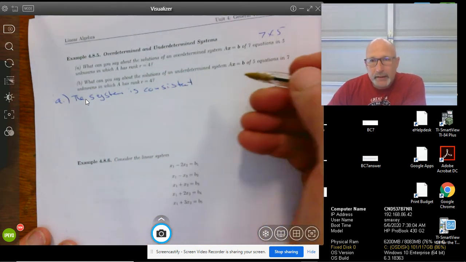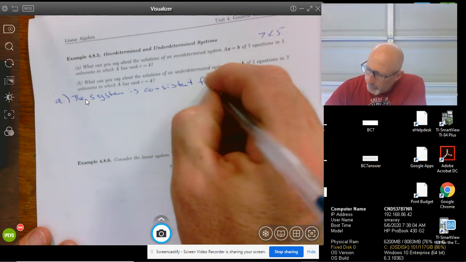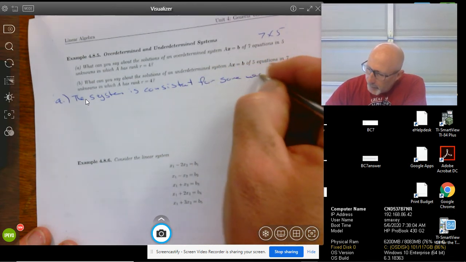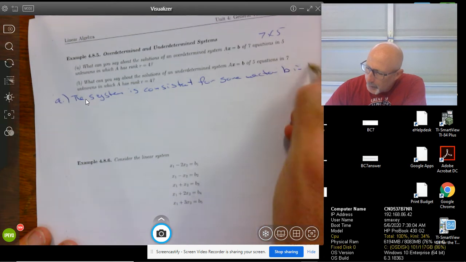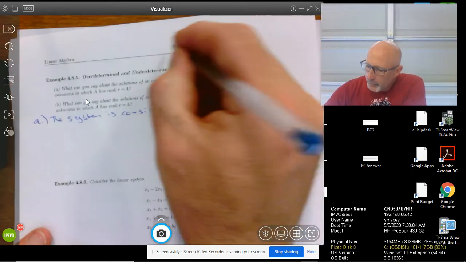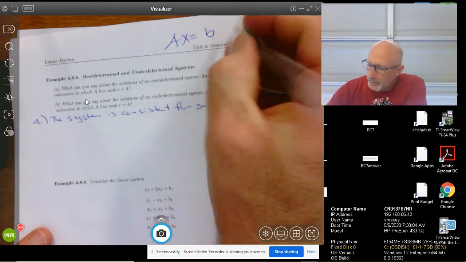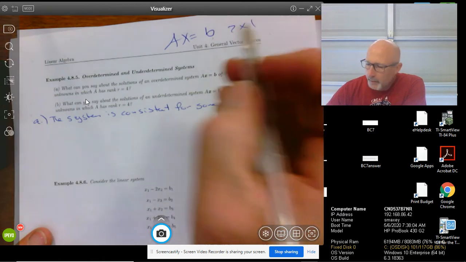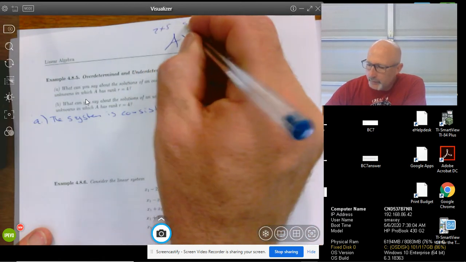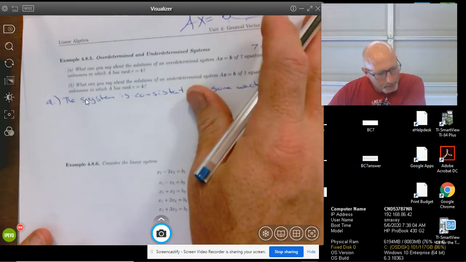That's because I have at least that many equations. Now, why R7? Because if you look at the system Ax equal to b, this has to be of dimension 7 by 1. This is a 7 by 5 matrix, this is a 5 by 1 matrix, so the solution is going to have a 7 by 1 matrix.